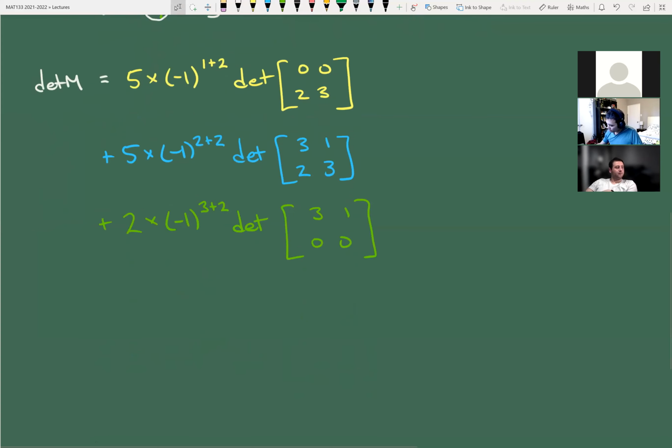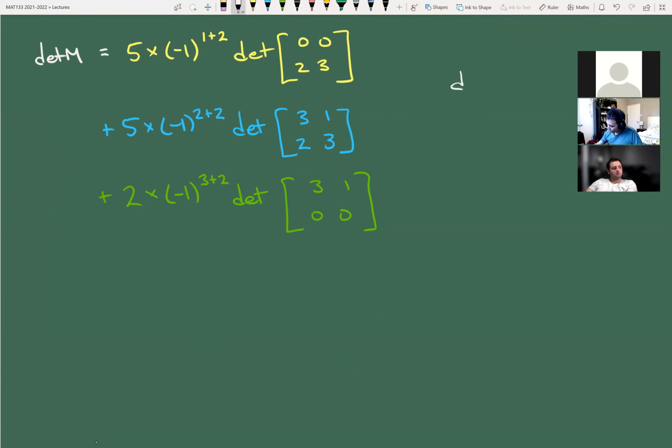Okay. And now, again, we're going to use this fact, right? The determinant of A, B, C, D is AD minus BC. So when I write this out, the yellow part is going to become 5 times -1, right? Because -1 to the power of 3 is -1, times 0 times 3 minus 0 times 2.